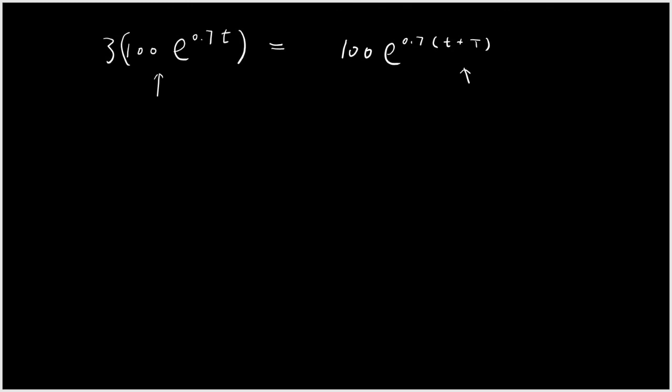Now for the left hand side, I'm going to write the left hand side as 300 times e to the power of 0.7t.